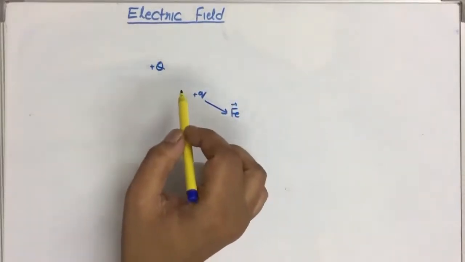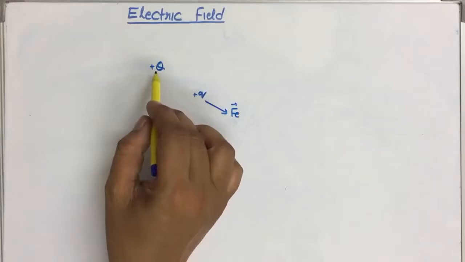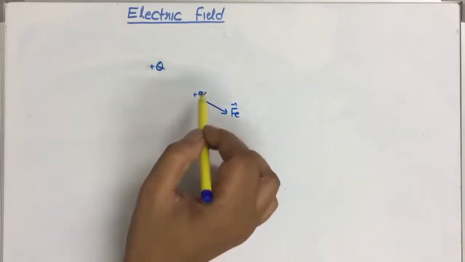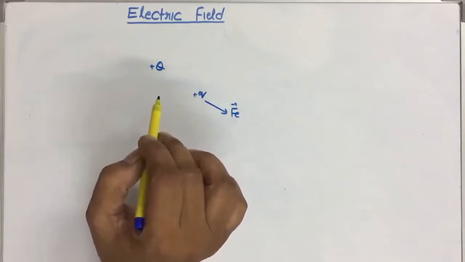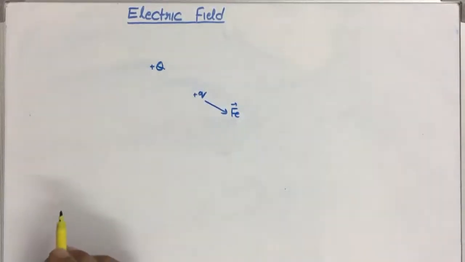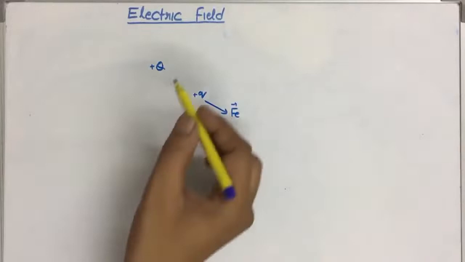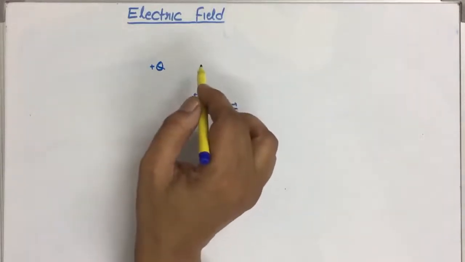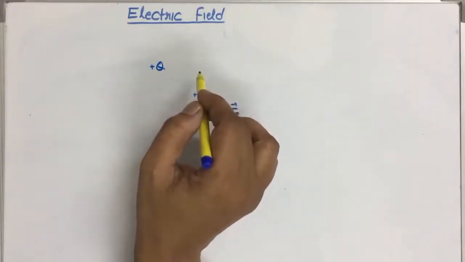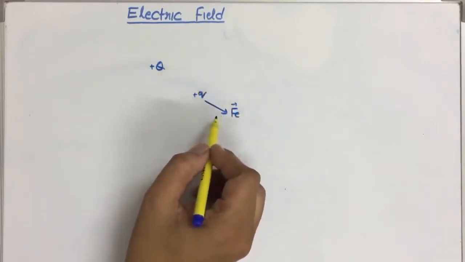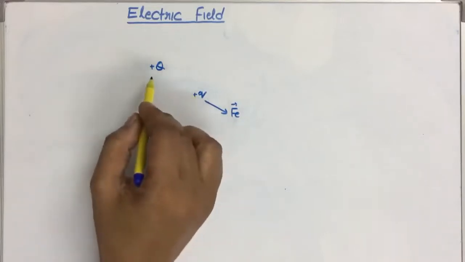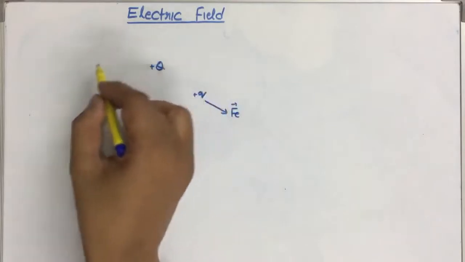Now to understand the influence of this charge in the surrounding, we define electric field intensity. Thus, electric field intensity means how much force or influence of this charge there is in its surrounding.